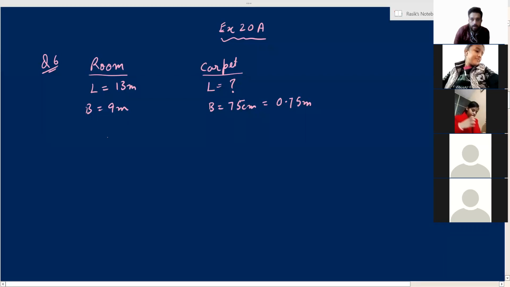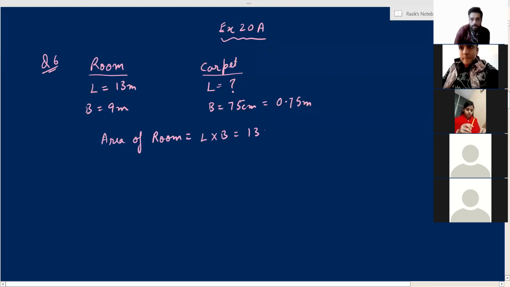So what we are going to do, first we will find out the area of the room, because that will only be the area of carpet which is required to cover the room. So area of room is equal to length into breadth. That means 13 into 9.